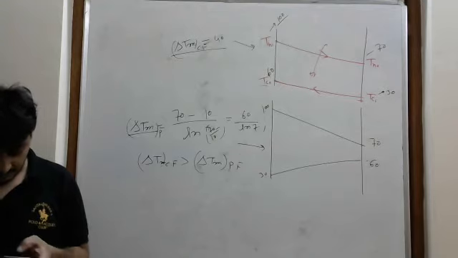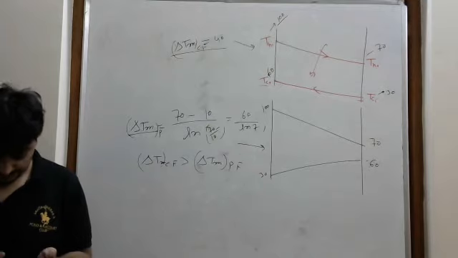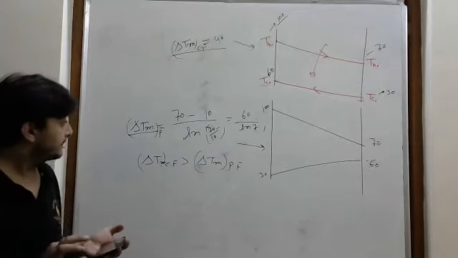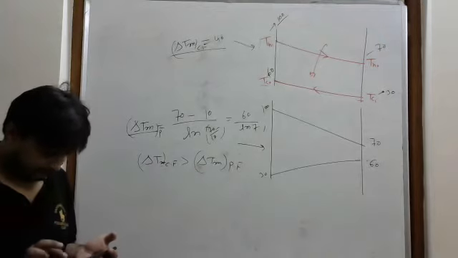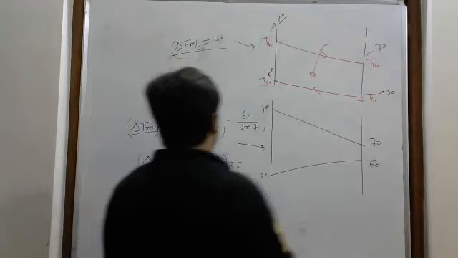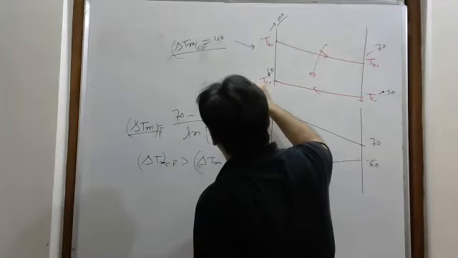Ln 7 is I think 2 point something, 1.94. Divided into 60. So this value is coming out to be 30 point something, means 31. You take that as 31.